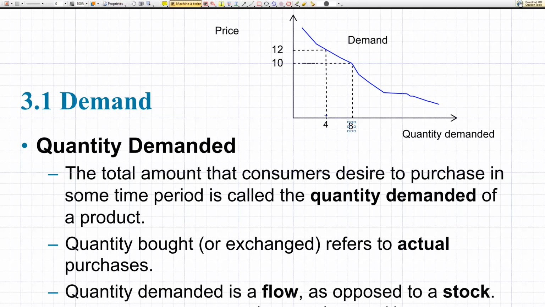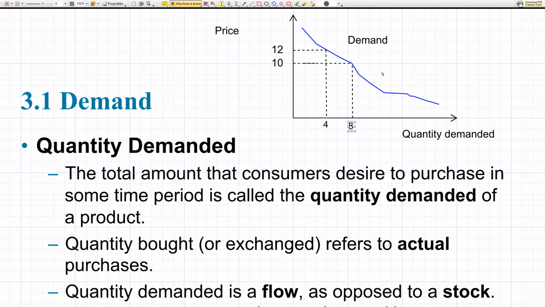If the price is 12, then the quantity is going to be 4. And if the price goes down to 10, then the quantity goes up from 4 to 8, right? And this is what happens if nothing changes in the world.